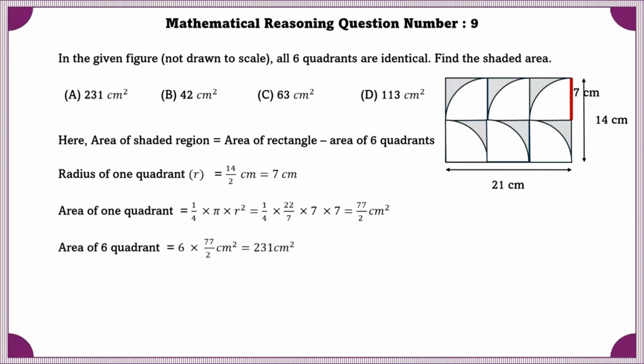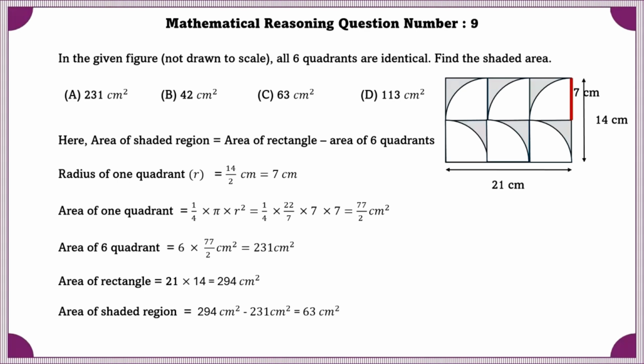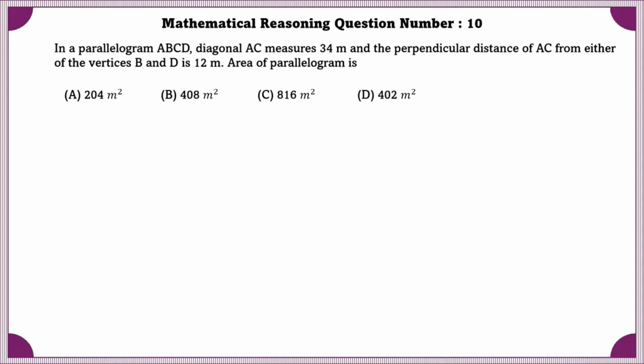Therefore, the area of 6 quadrants is equal to the area of 1 quadrant into 6, which is equal to 231 centimeter square. So the area of the rectangle is equal to 21 into 14, that is 294 centimeter square. Therefore, the area of the shaded region is equal to the area of the rectangle minus the area of 6 quadrants, which is equal to 63 centimeter square.